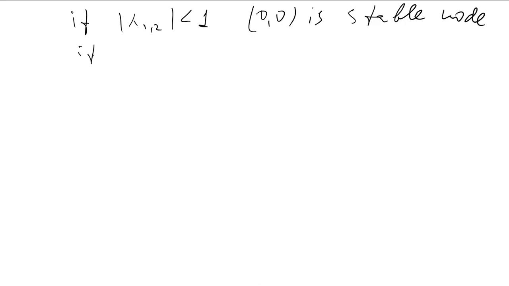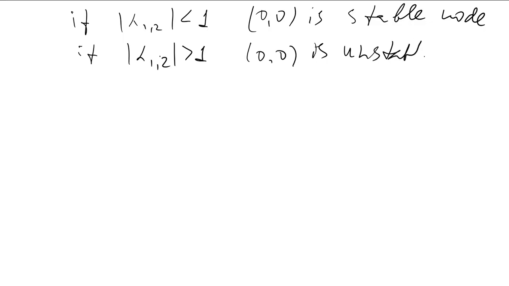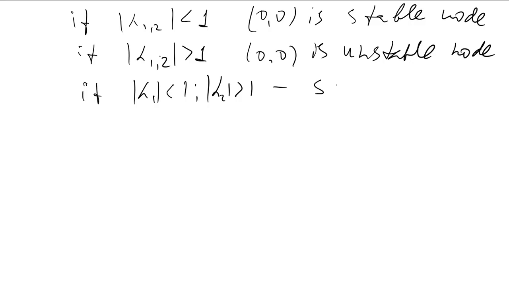And if lambda 1 and 2 are both more than 1, 0, 0 is an unstable node. And if one of them is less than 1, and lambda 2 is more than 1, this is a saddle.